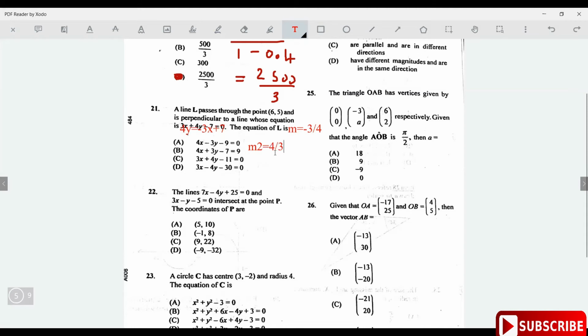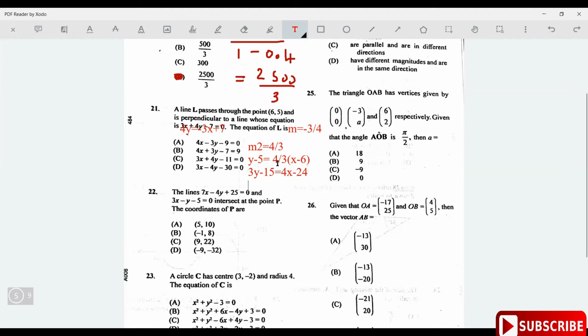If the gradient is negative 3 over 4, then the gradient of the new line, call it m2, would be 4 over 3. So since the gradient is 4 over 3, the equation of this line is y minus 5 equals 4 over 3 times x minus 6. So now we multiply through by 3 to get 3y minus 15 is equal to 4x minus 24.